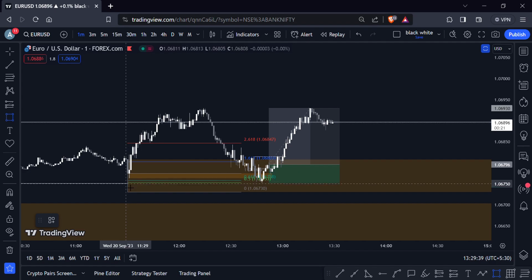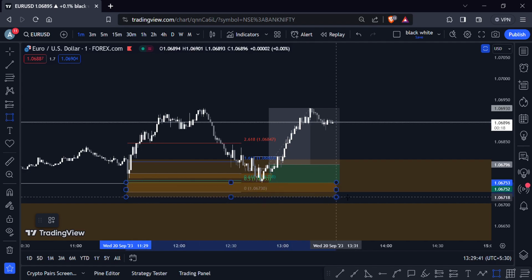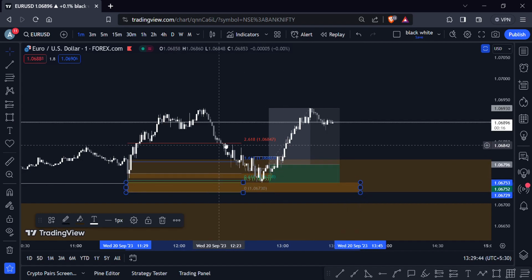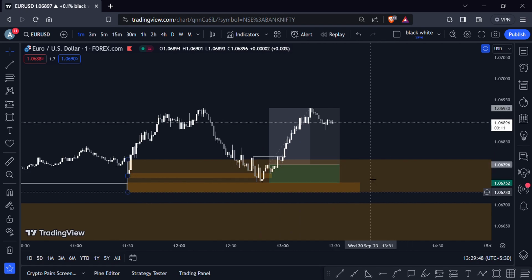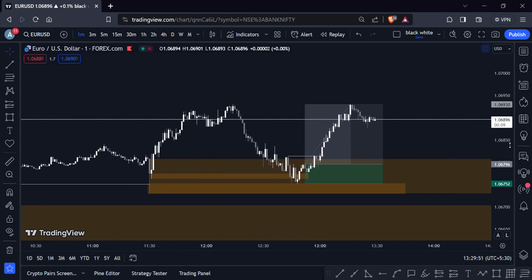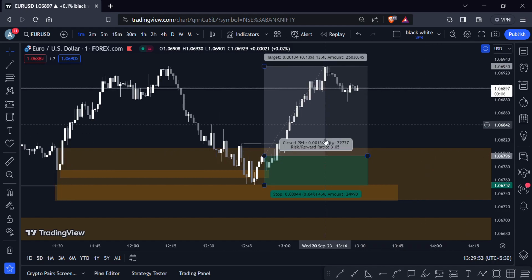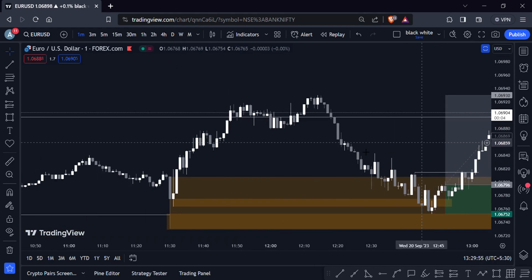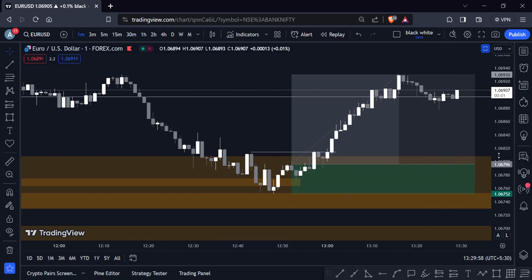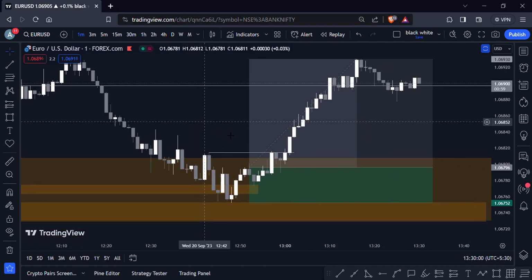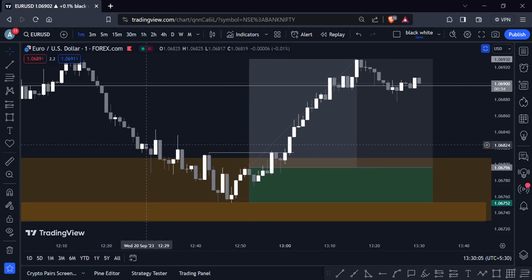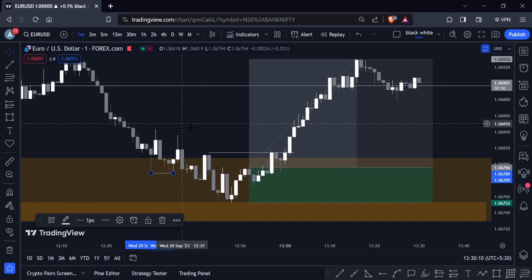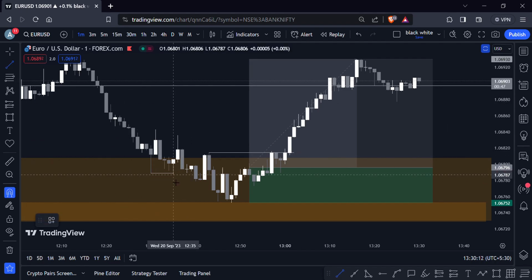But for that, I needed a confirmation for the market to show me that it's going to go higher. So basically, I was already bullish on this pair. Let me show you what I had in my mind while I was trading it, that I wait for a body close below the low.